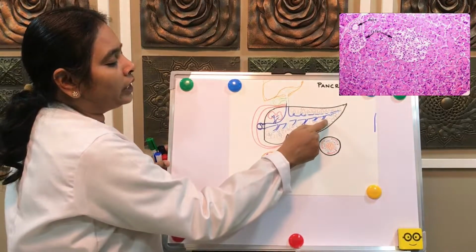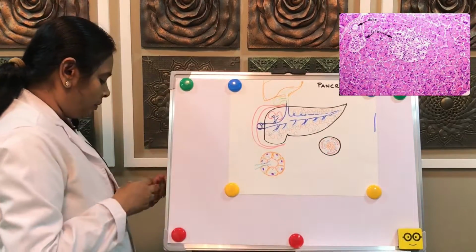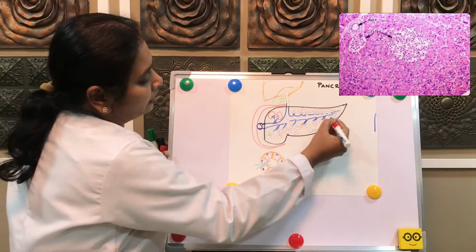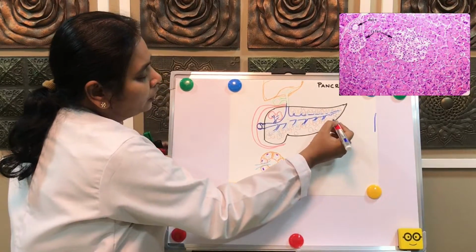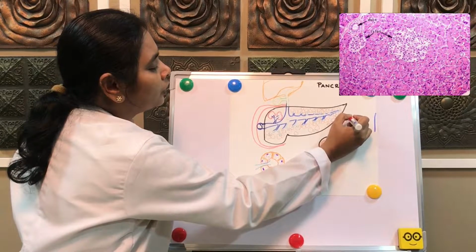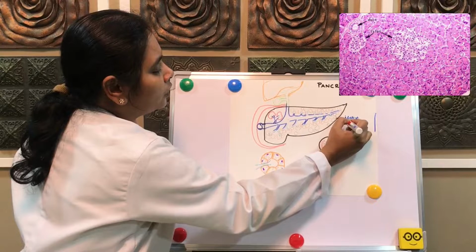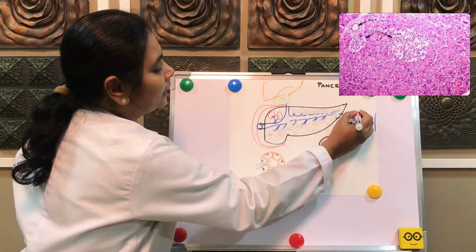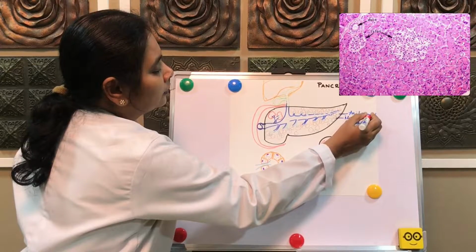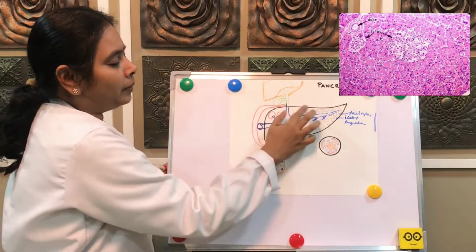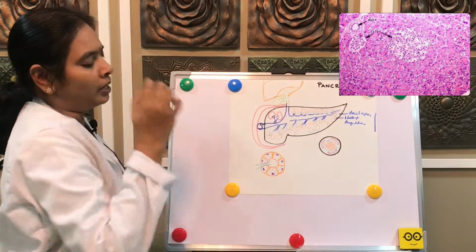These islets of Langerhans are present more in number in the tail of the pancreas. So this is the exocrine part and this is the endocrine part.